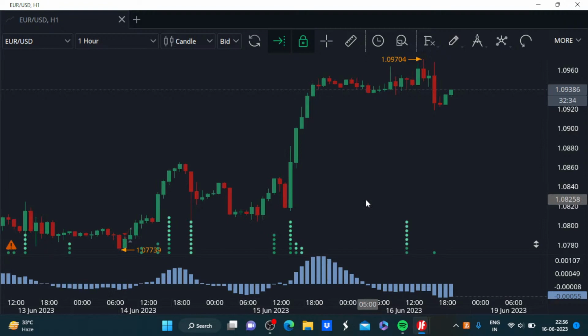This indicator measures the difference between the oscillator and its moving average. Indicators like MACD, RSI, and RMI are examples of oscillators.